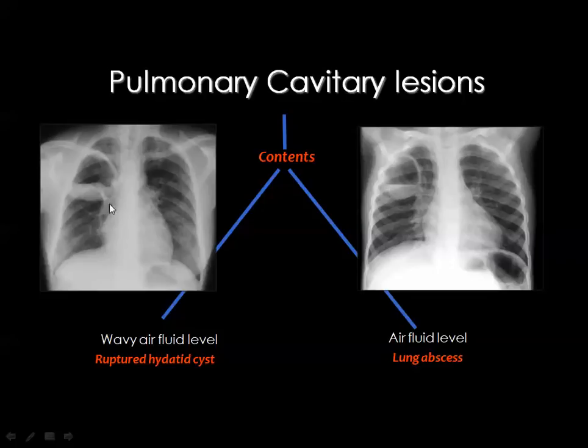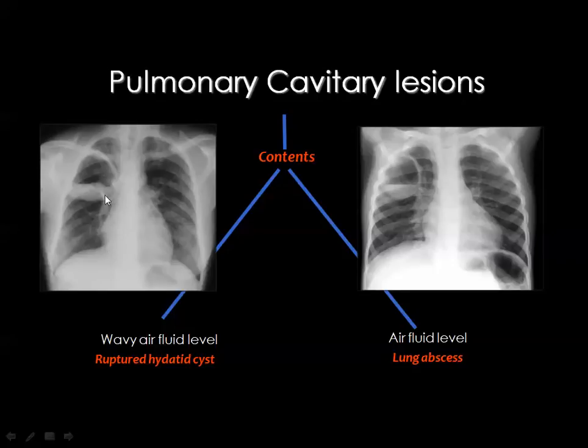But if you see that the air fluid level is wavy or lobulated, and this is what we call the water lily sign, this is an indication of a ruptured hydatid cyst. If you see a cavity in the lung with an air fluid level, most commonly this cavity will represent an abscess, and the air fluid level will be straight.